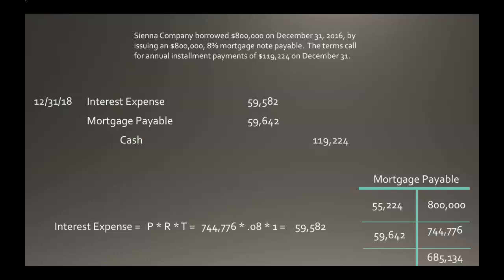and we'll see that our updated balance after these 2 installment payments is $685,134. So you'll notice that as you are paying off this mortgage payable, less will end up going towards interest and more will go towards the mortgage payable itself.